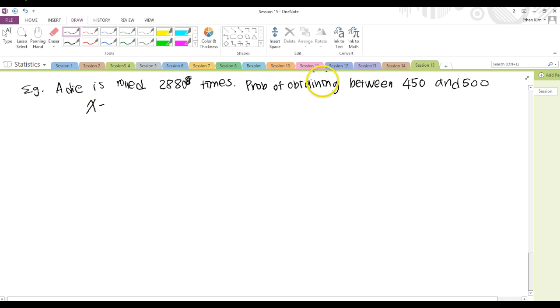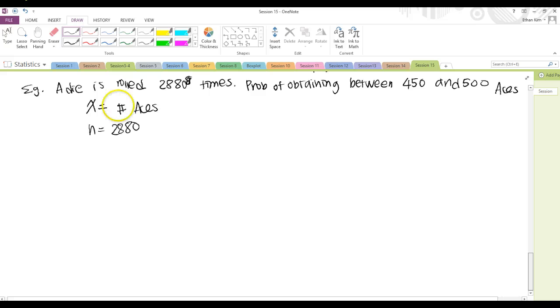So x represents the number of aces. And n is given as 2,880.